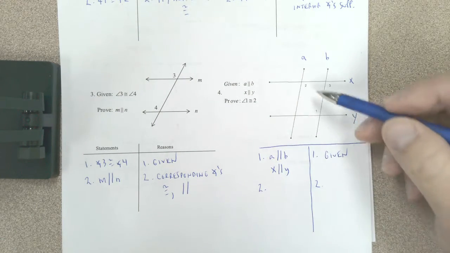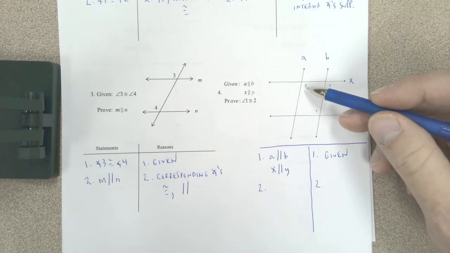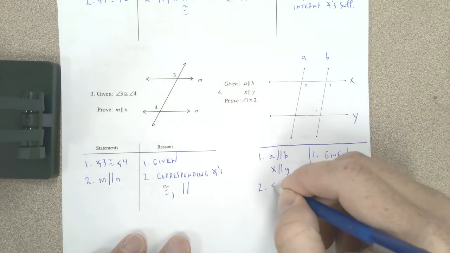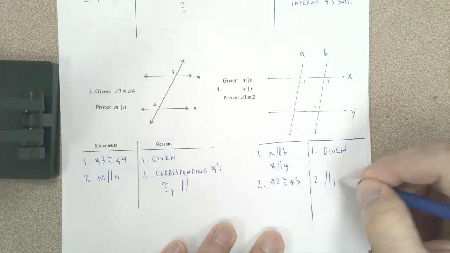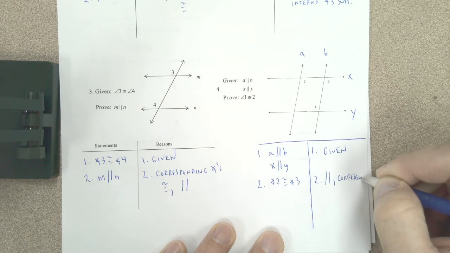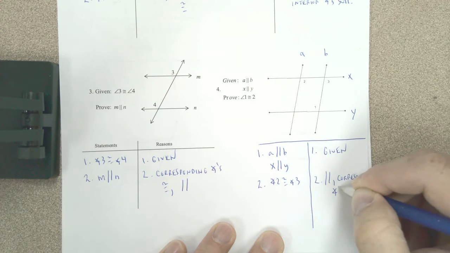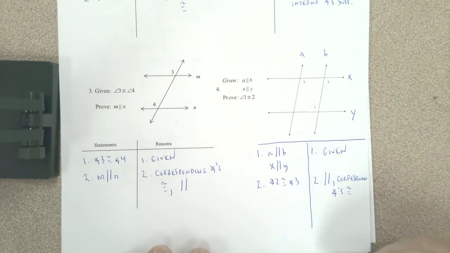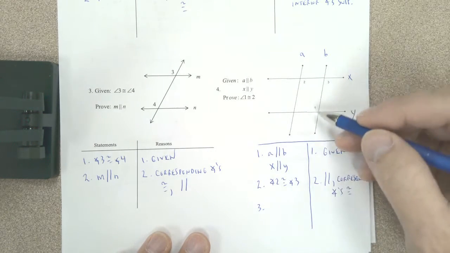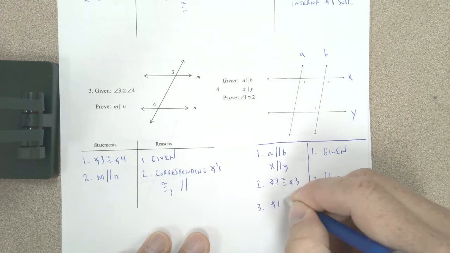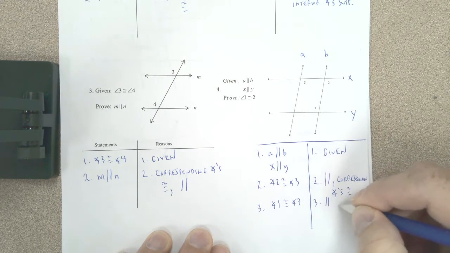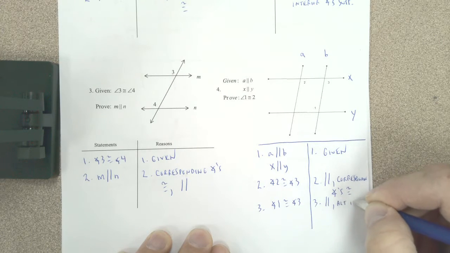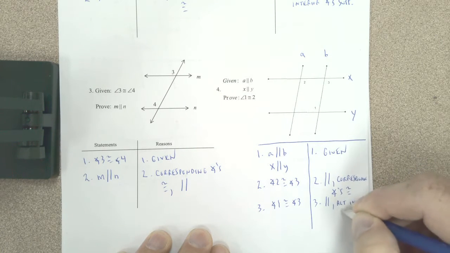So based on what I have, if I'm trying to prove 1 and 2 are congruent, I'm going to start by saying that 2 is congruent to 3, because if lines are parallel, corresponding angles are congruent. I then can say that angles 1 and 3 are congruent, because if lines are parallel, alternate interior angles are congruent.